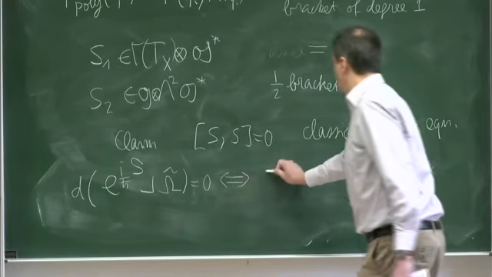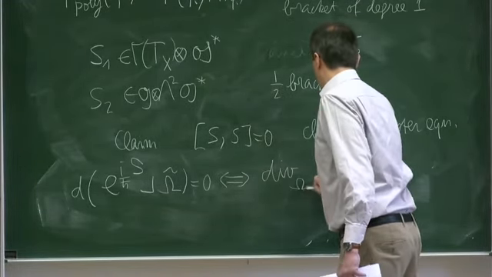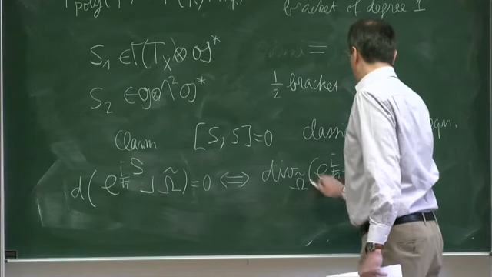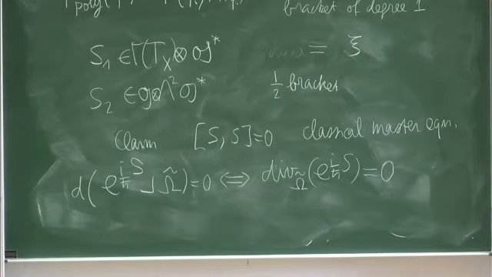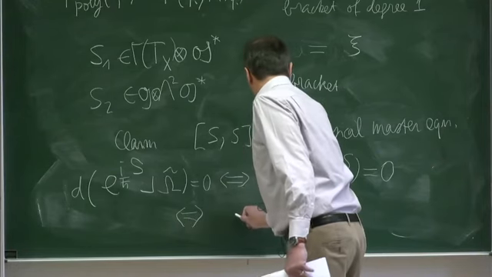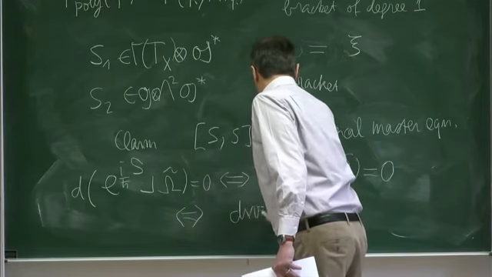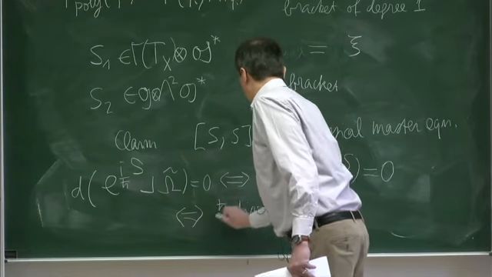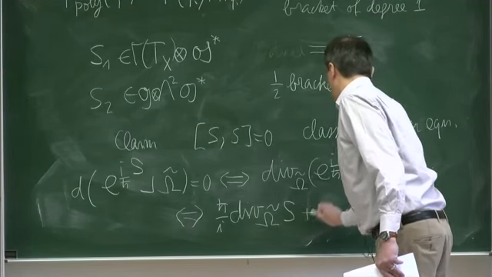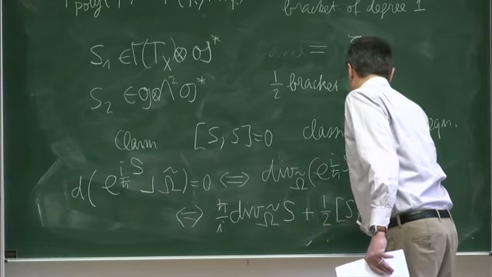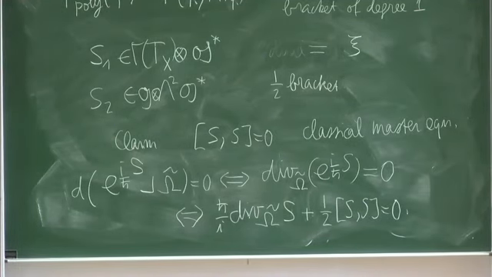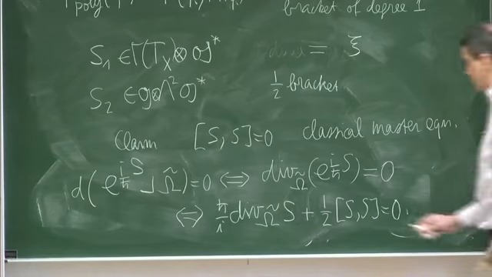And this is equivalent to the divergence, more or less by definition of divergence, of this polyvector field being equal to 0. And this is the same as h bar divided by I times the divergence of S plus 1/2 of the bracket of S with S equal to 0. Okay? And this is the quantum master equation.